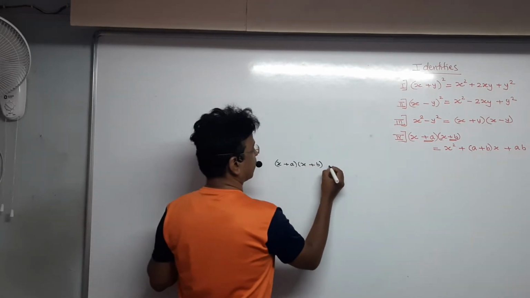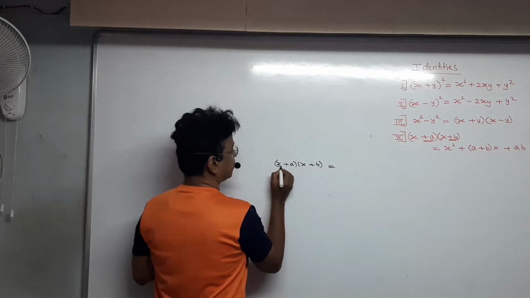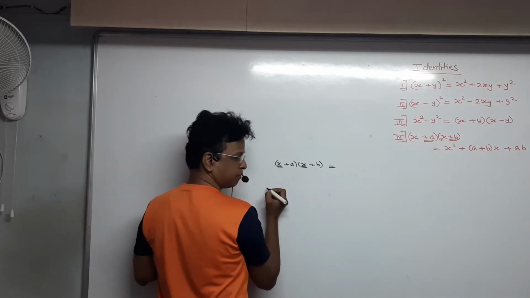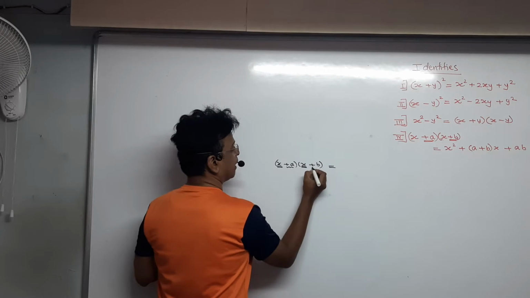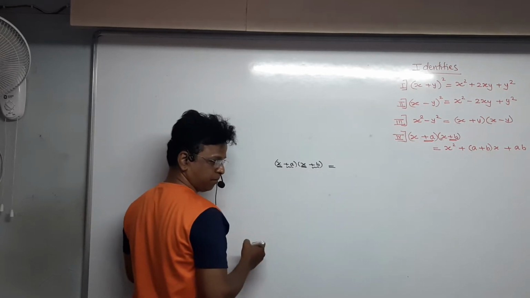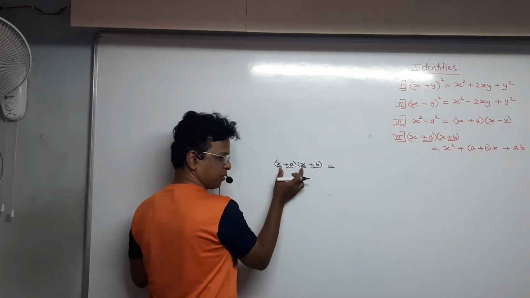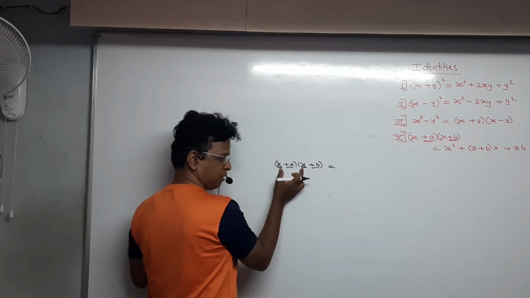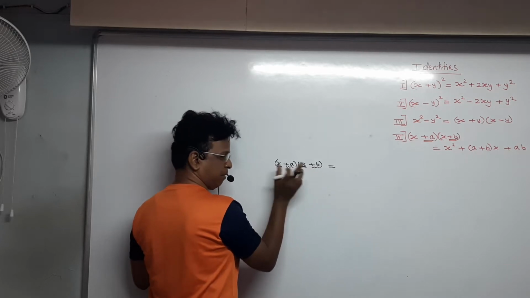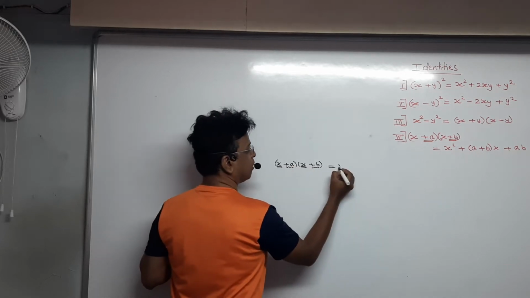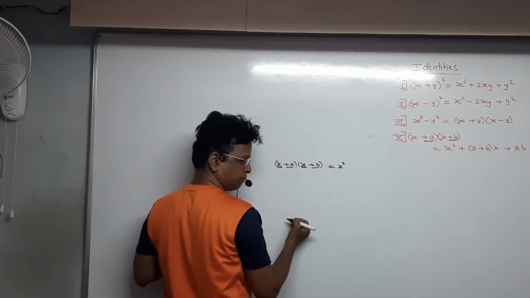What you will do is, first, here the x is the same, but plus a and plus b are different. Whenever the first terms are the same and the second terms are different, you take the square of the first term.